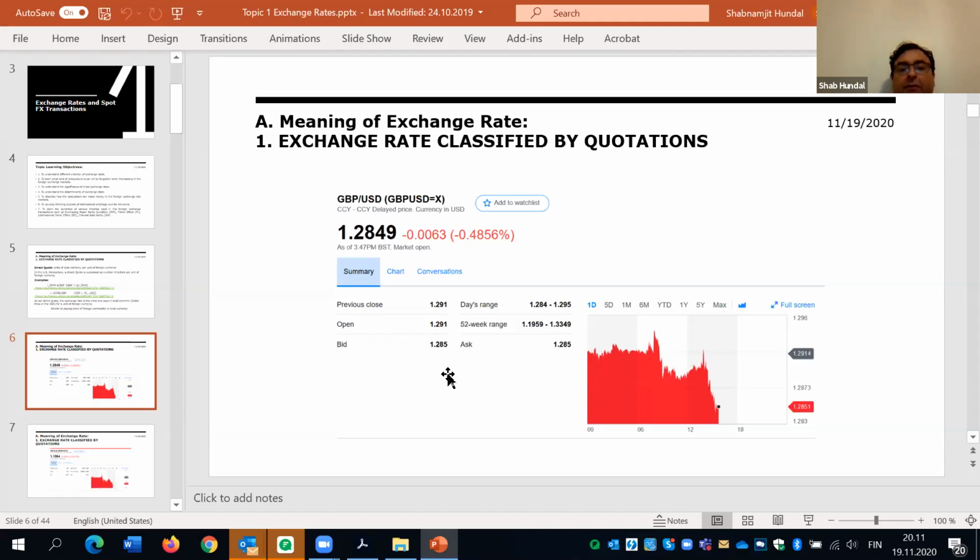I'll come to it later, but the bid price is the one at which the bank buys from you, and the ask price is at which the bank sells to you. The range means that during the full day, the minimum was 1.284 and the maximum was 1.295. Okay, so this is how we quote the quotes. But I will talk more about bid and ask a bit later.